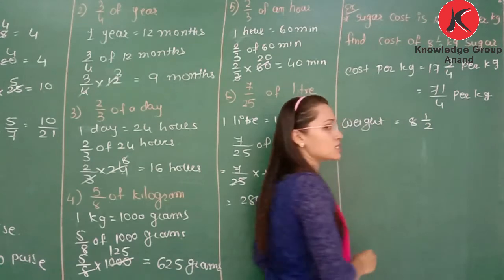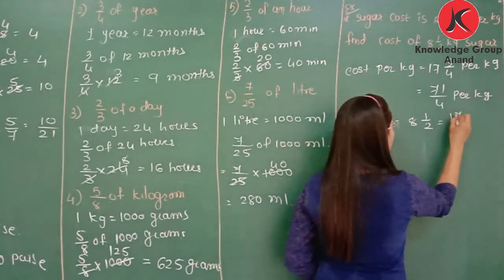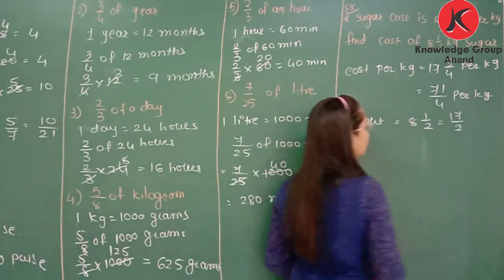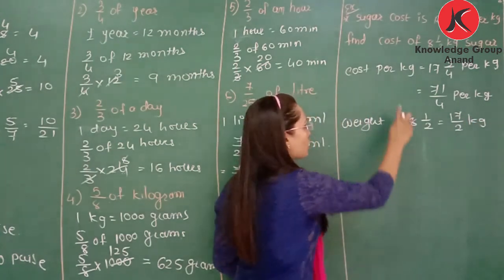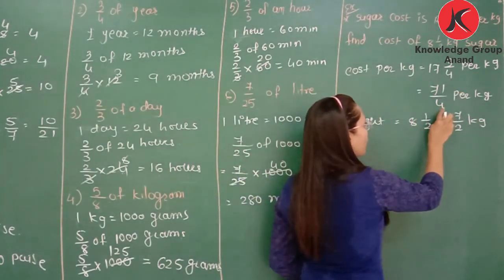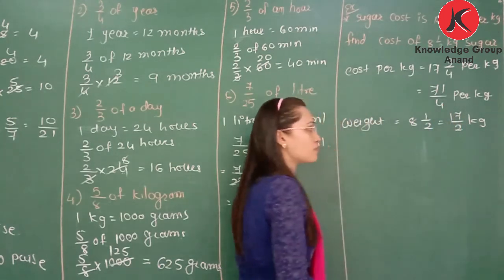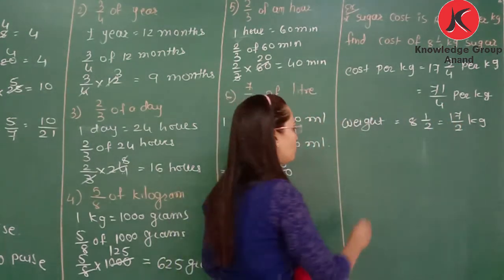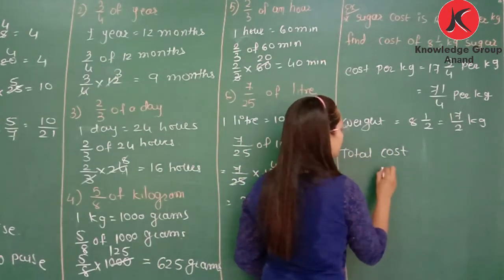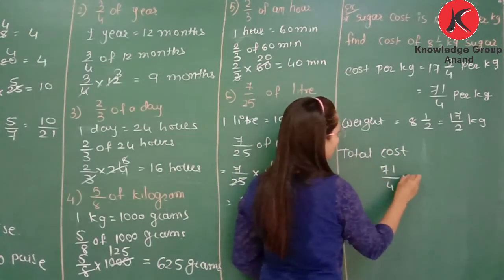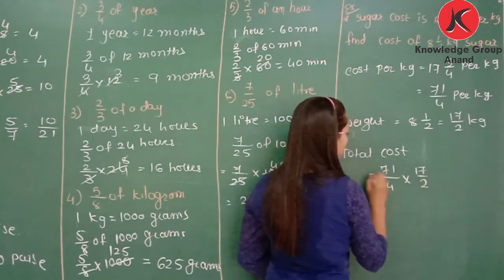So 8 2s are 16 plus 1, 17 by 2 kg. Now cost of 1 kg is 71 by 4. So we want to find cost of 17 by 2 kg. So total cost we can find by multiplication. 71 by 4 multiply 17 by 2.